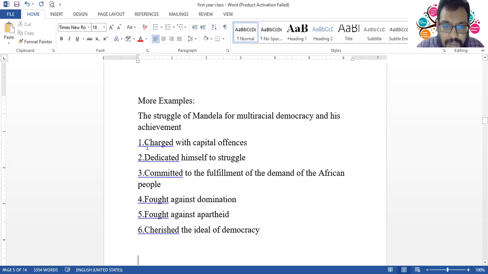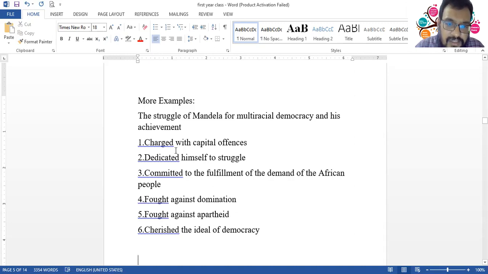The first one given is: charged with capital offenses. Dedicated himself to the struggle of people's movement, committed to fulfillment of the demand of the African people, fought against domination, fought against apartheid, cherished the ideal of democracy.